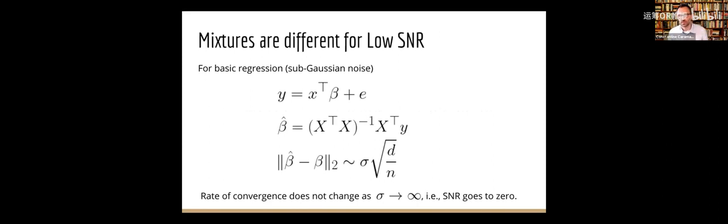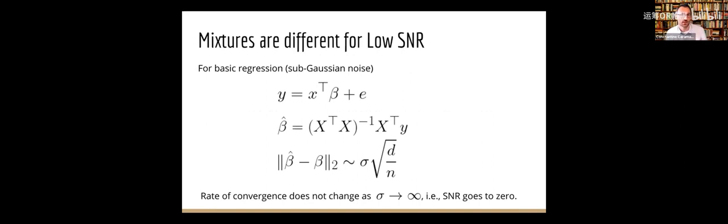I mentioned I've been interested in mixtures for a long time, and I think it's worth pointing out some of the interesting properties that mixtures have compared to what I would call the building block problem, estimating the mean of data or solving a linear regression.